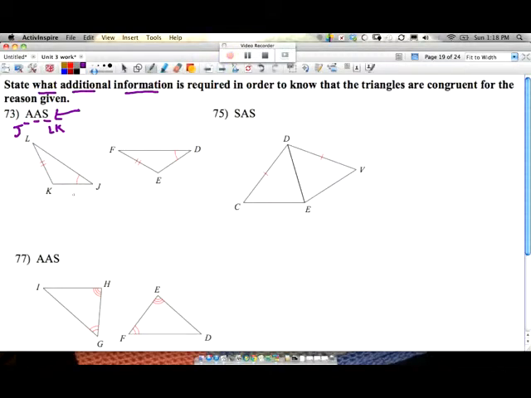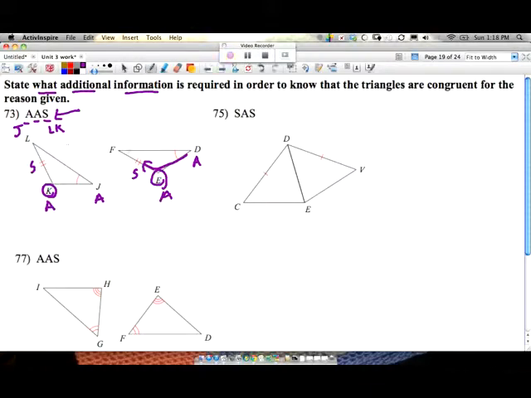So there's actually two answers to this one. It's kind of weird. So I would need the angle K matches angle E, because that would kind of complete the chain here with angle, angle, side. Again, angle, angle, side.